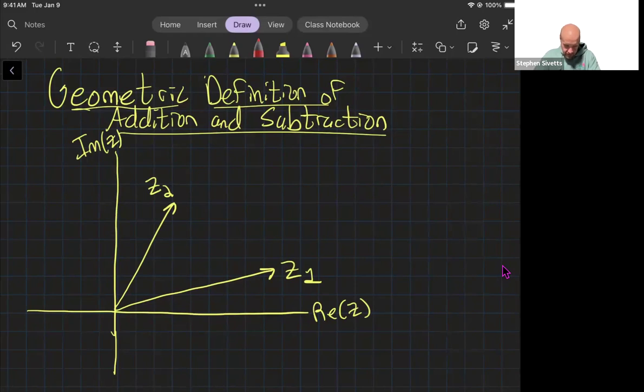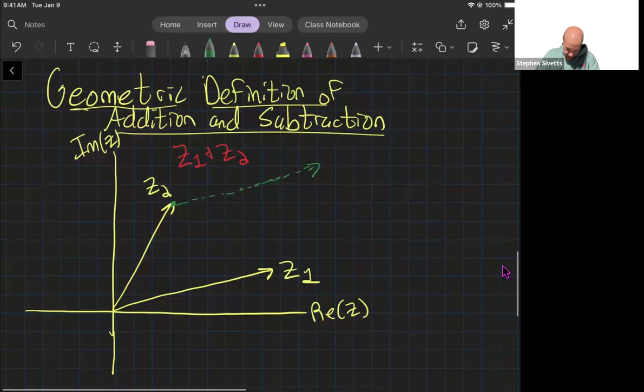If I want to figure out the vector z1 plus z2, all we have to do is take the vector z1 and attach the start of z1 to the end of z2. So it looks like this. You can also use the parallelogram law. You can draw in a vector that's parallel to z1. That's in green here.